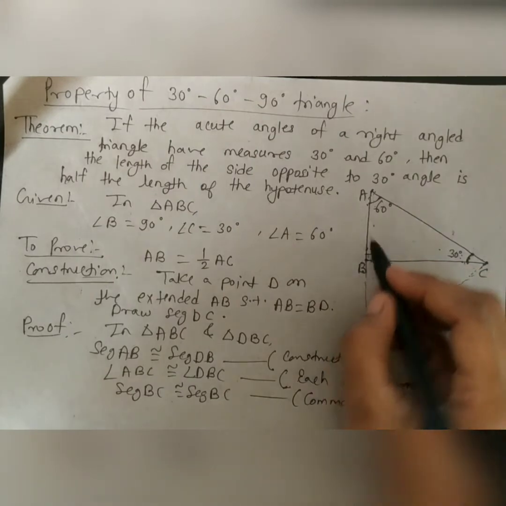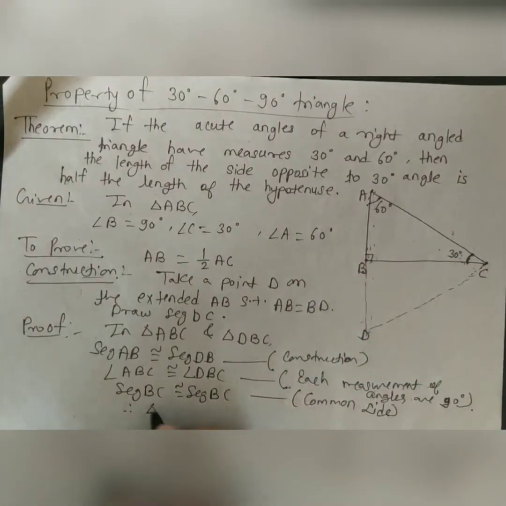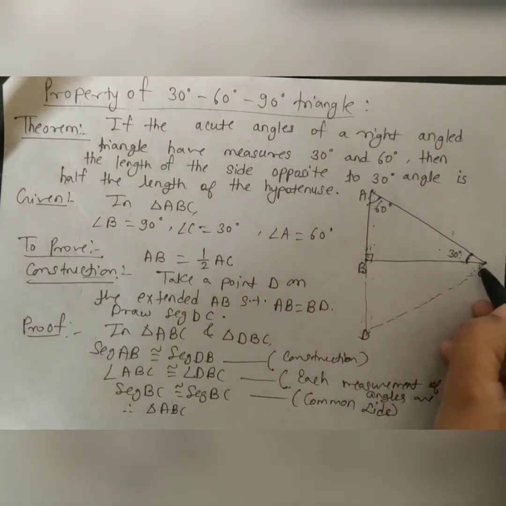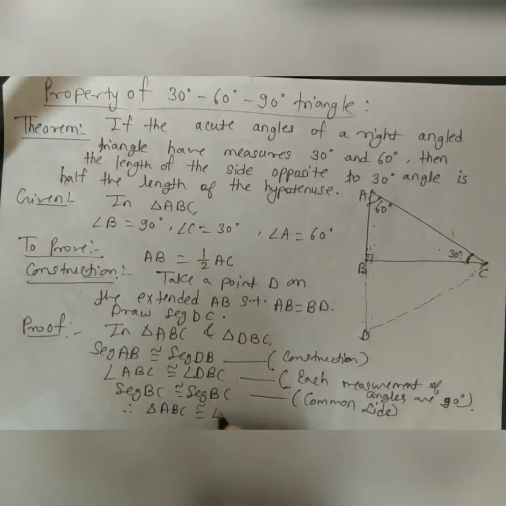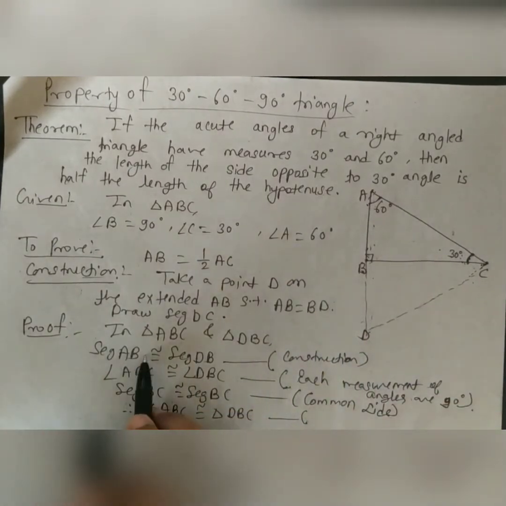Now we write, therefore triangle ABC is congruent to triangle DBC. And we write the reason: side angle side test.